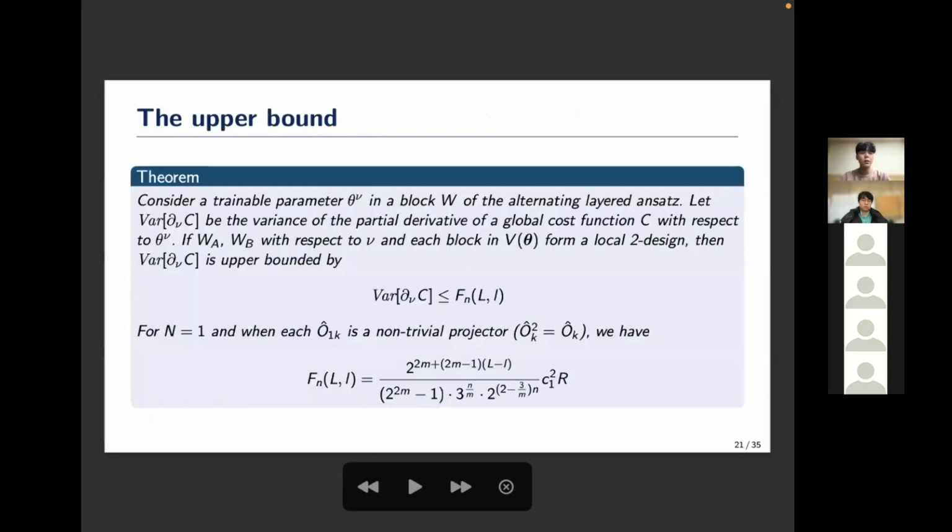This is a theorem about the upper bound. If WA and WB form a local 2 design, the variance is upper bounded by Fn L, L. If n equals 1, and when each O1K is a non-trivial projector, Fn L, L is like following.